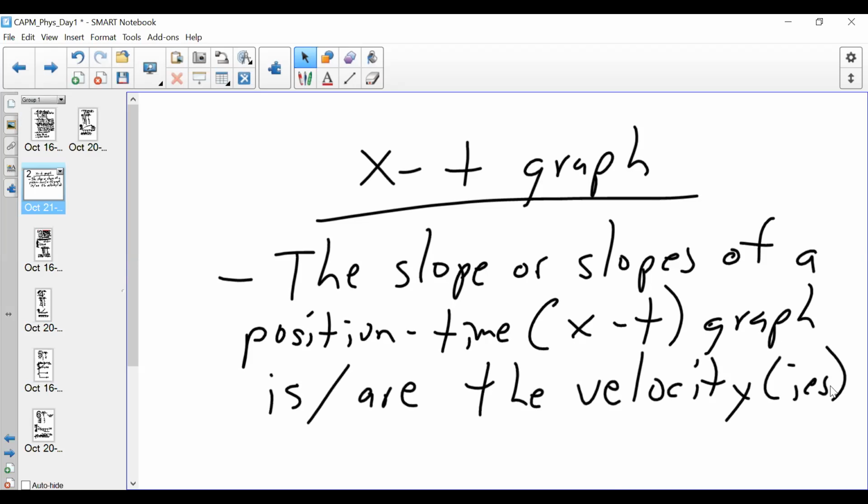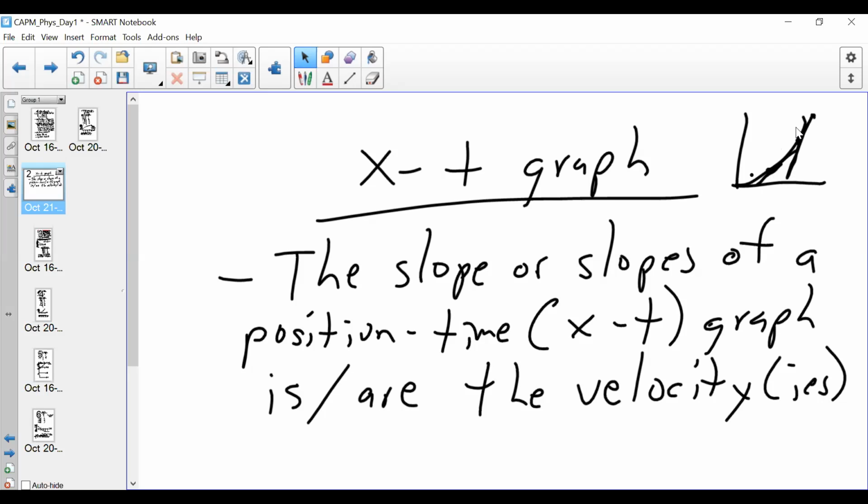Now, we have a graph like this. Curve is like that. We have more than one slope. Briefly, the reason we have more than one is because at each moment on this curve, we can take a slope and we'll see that those slopes look different. They're going to go from small to large. This is going to be a very steep line here, and this is going to be not as steep.